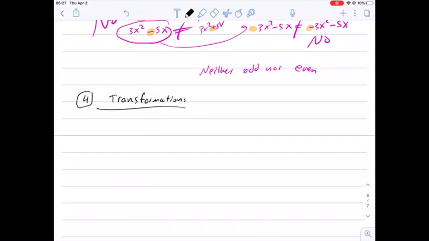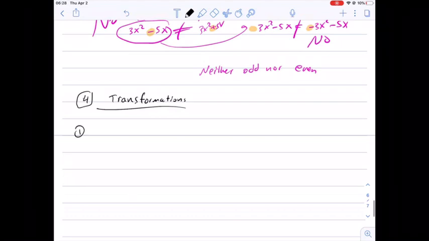I mean, we may have some expression or constant added to the basic function, or subtracted from it, or added to the variable of that basic function, or subtracted from that variable, and that's what we call transformation. Sometimes we have some constant multiplied by the function, and so on.